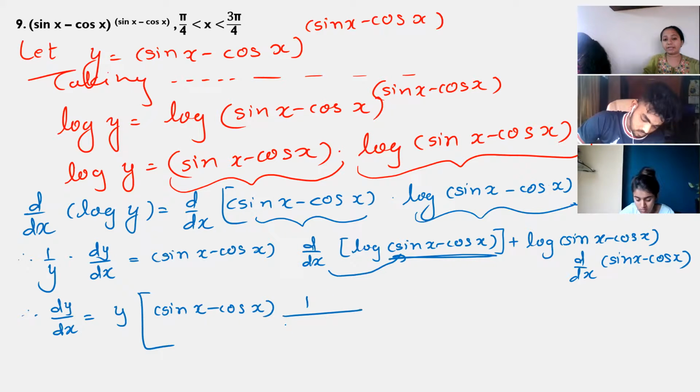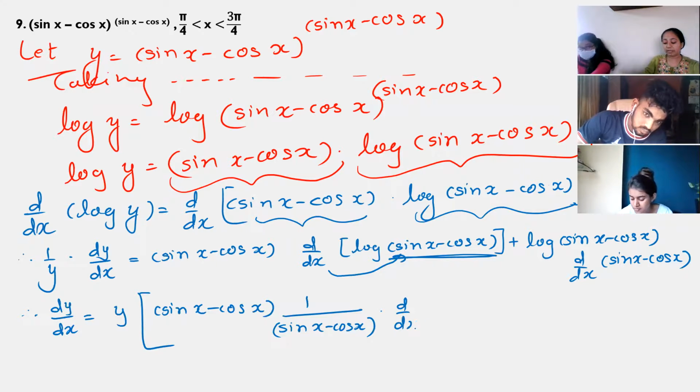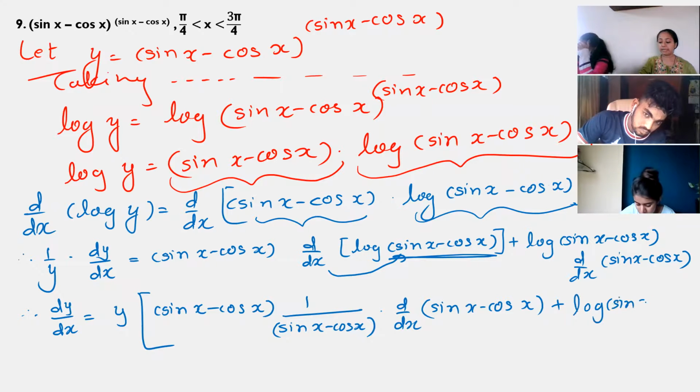So it's like 1 by x, but it's not x, it's sin x minus cos x. But since it is not x, again we have to apply the chain rule. Plus log of sin x minus cos x and differentiation of this bracket, sum rule, sin x gives cos x, minus cos x gives minus sin x, minus minus plus.